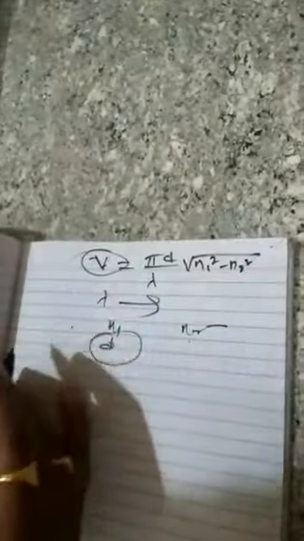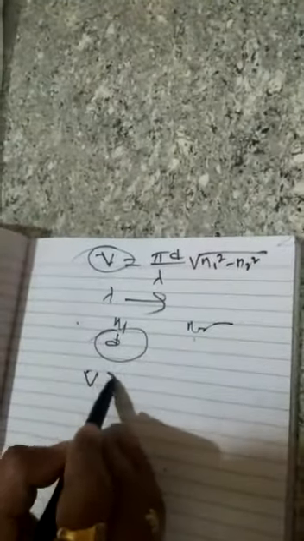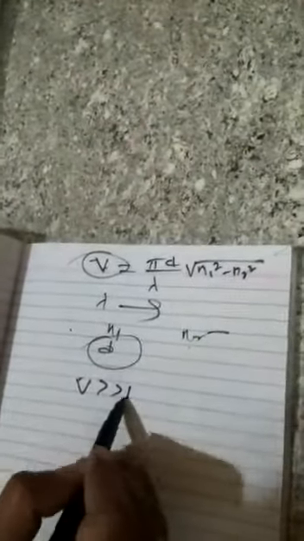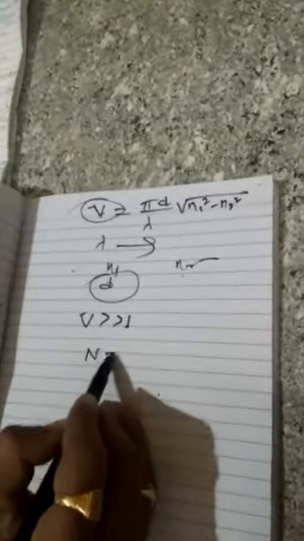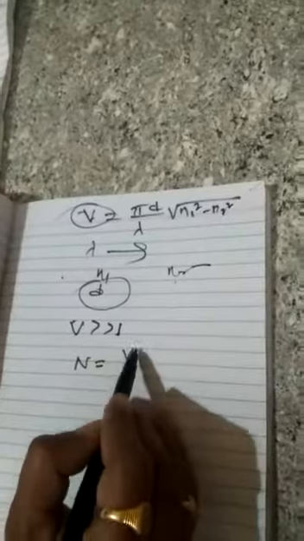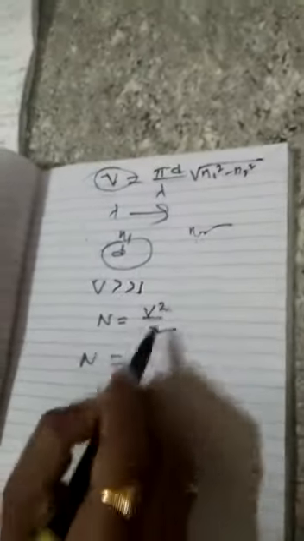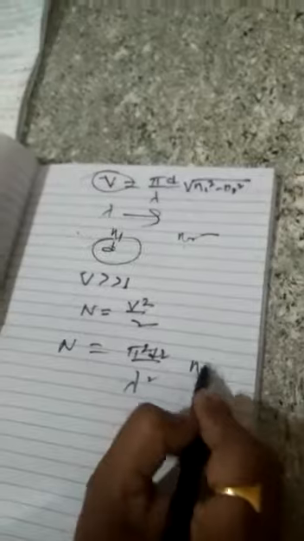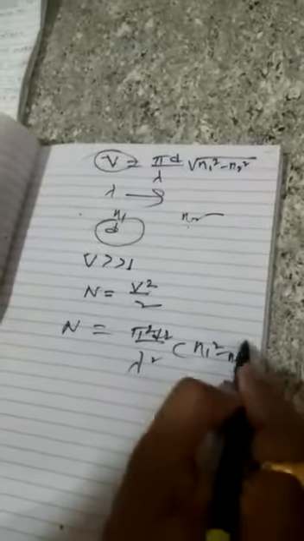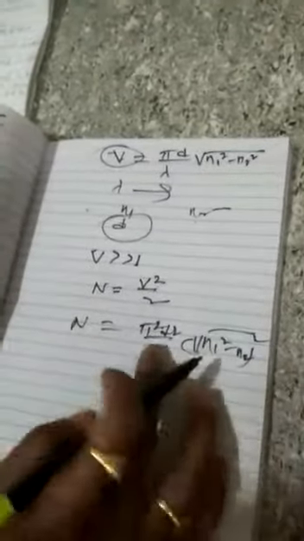Using this V number, when V is much larger than one, the number of modes can be determined by the parameter N equal to V square by 2. We know that V square is equal to pi square d square by lambda square into n1 square minus n2 square, whole square.